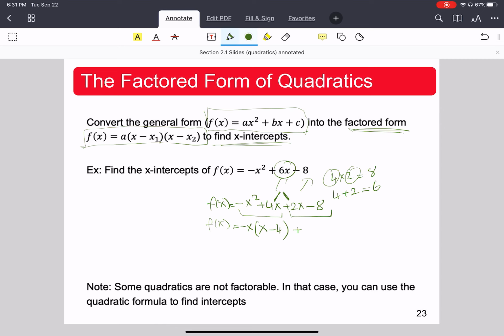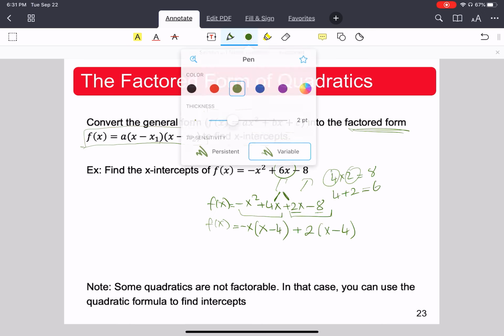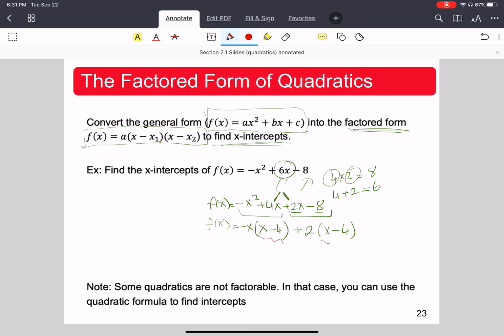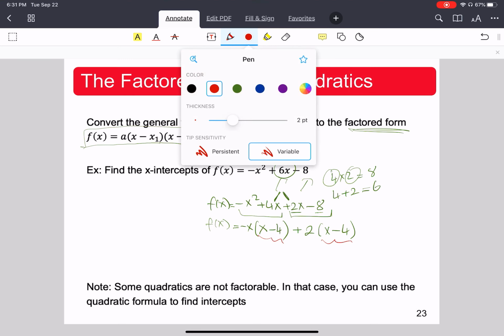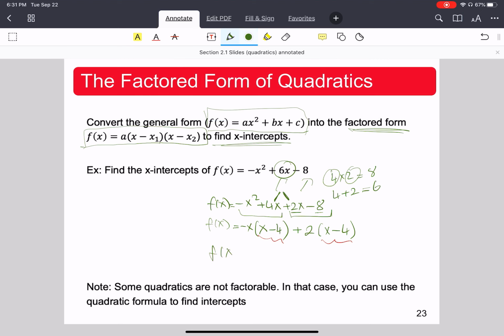And then 2x and negative 8 has 2 in common, so 2 times x minus 4. Now I have these two in common, x minus 4. So then I factor out the x minus 4 times negative x plus 2. So these are my factors.